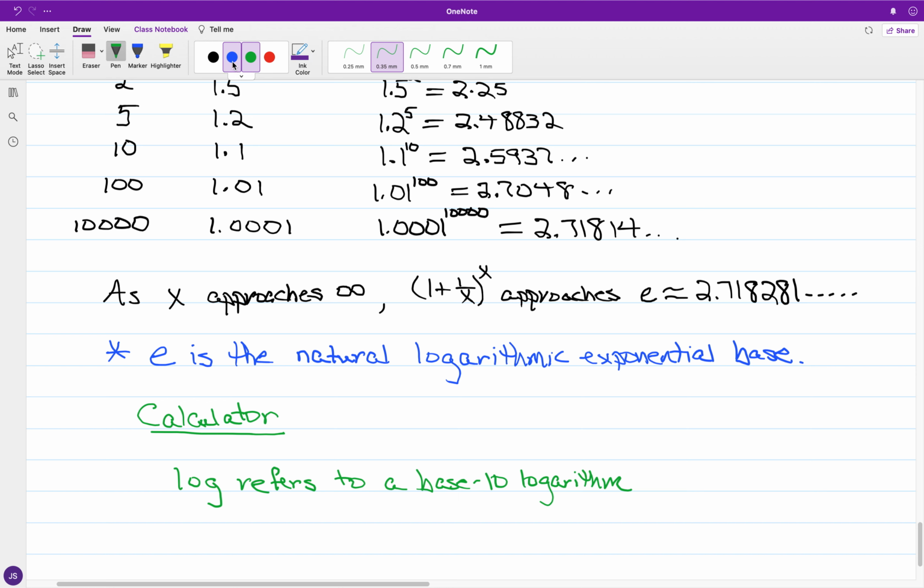So you have LOG of x, which will be the same as the base 10 logarithm of x. Now, you might have it either above, below, or just alongside the LOG. Again, we have ln. ln is going to refer to a natural or base E logarithm.